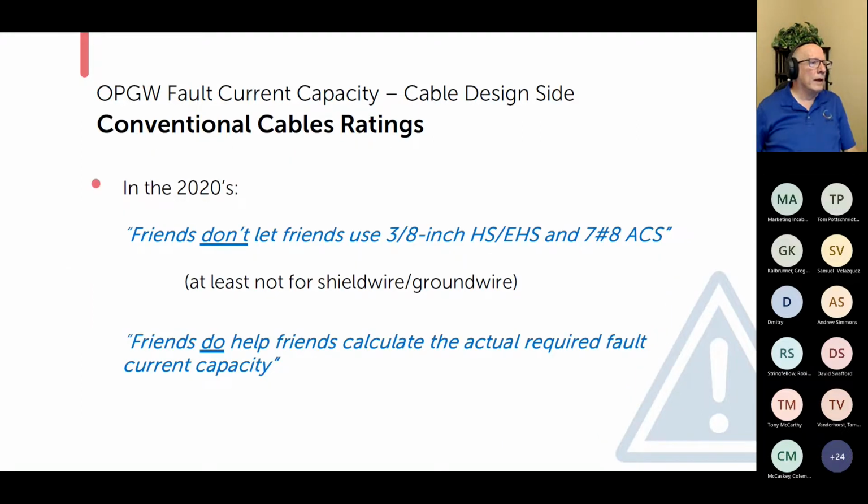So in the 1920s, what I conclude is that friends don't let friends use 3/8 inch HS or EHS or 7 number 8, at least not for shield wire or ground wire. You want to use it for guy wire, have at it. But for shield wire and ground wire, no way. Friends do help friends calculate the actual required fault current capacity and then proceed accordingly, shall we say.